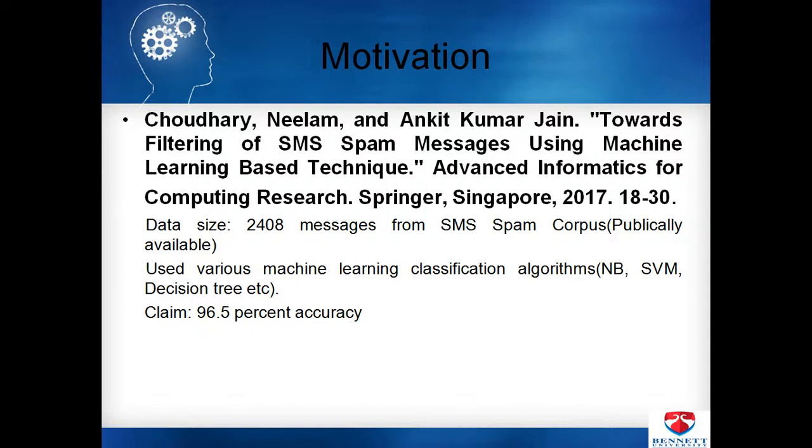The title of the paper is Toward Filtering of SMS Spam Messages Using Machine Learning Based Technique, published in Singapore in 2017 by Springer. They took a data size of 2408 messages from the SMS spam corpus and used various machine learning classifiers: Naive Bayes, support vector machine and decision tree.